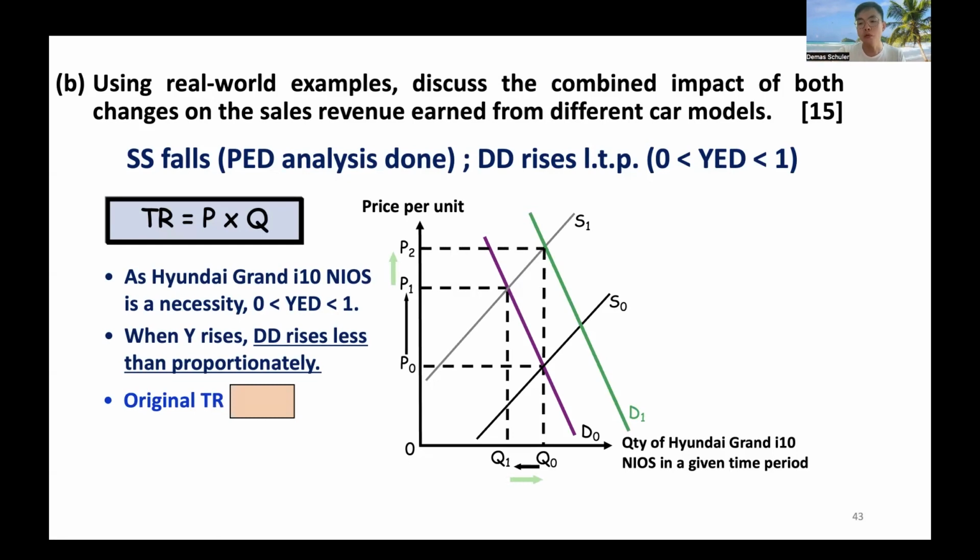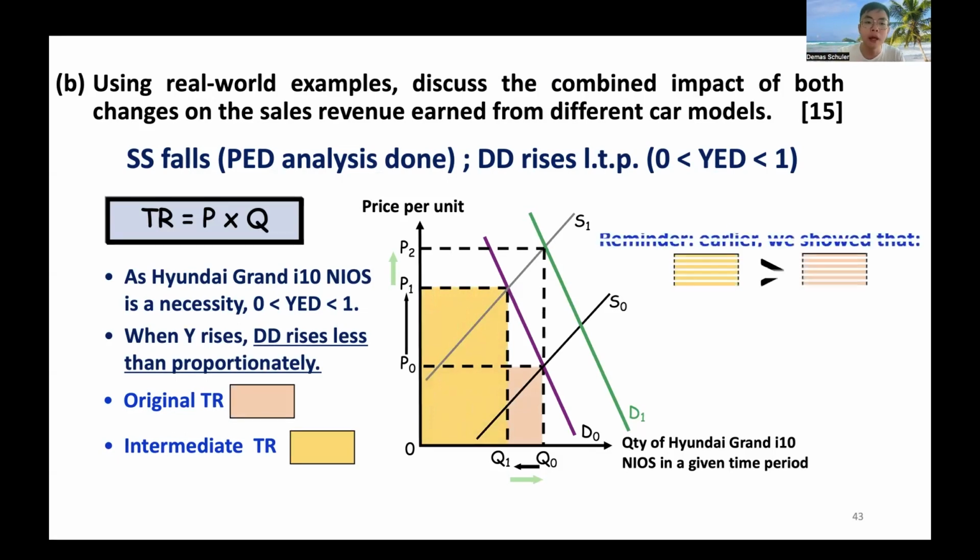Right. So the original total revenue, which was actually the red plus yellow, like that I showed earlier, right? Because of the fall in supply, that would be an intermediate total revenue. That was our isolated analysis.